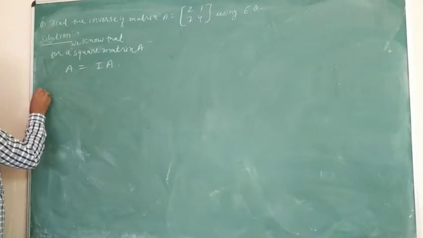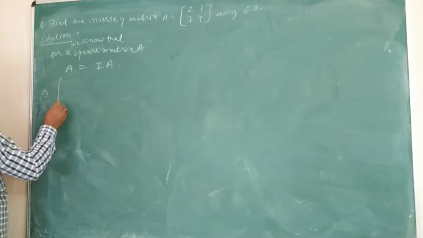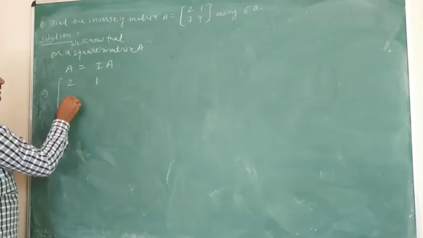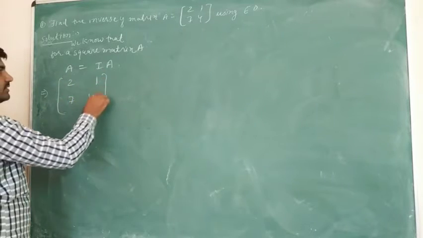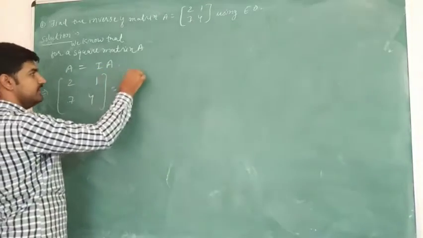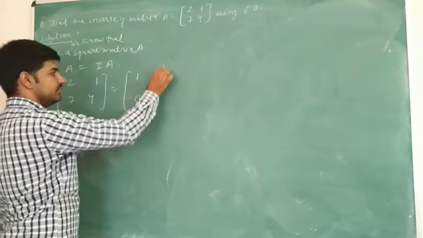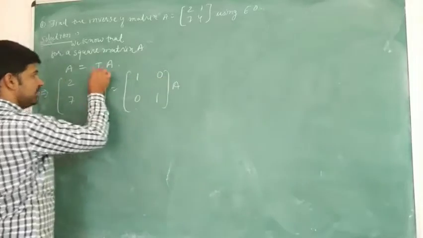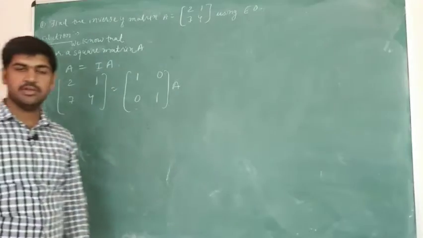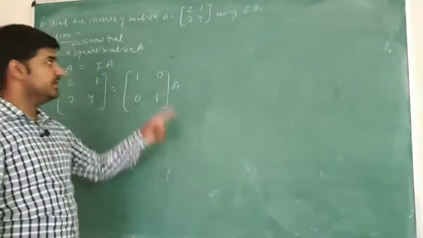After writing this, we have to put the value of A, that is 2174, is equal to the value of I, 1001, times A. I here students is a square matrix of the same order that A has.